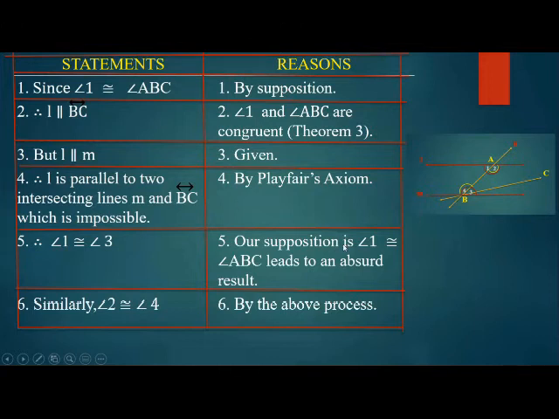Because our supposition that angle 1 is congruent to ABC leads to an absurd result. If it is impossible, angle 1 can never be congruent to angle ABC. So angle 1 is congruent to angle 3, which was the statement of the theorem, and it was right. Similarly, angle 2 is also congruent to angle 4. By this process, we have concluded the theorem.